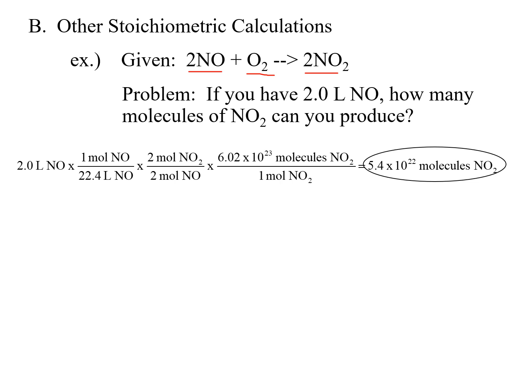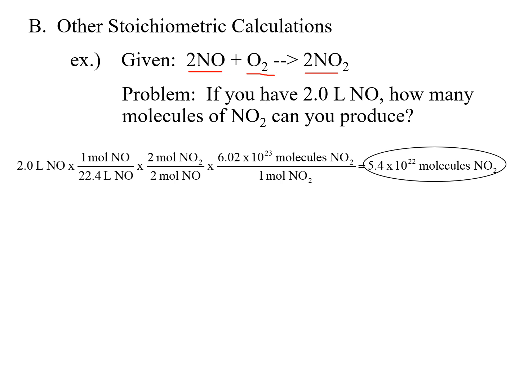So this tells us that if I take 2 moles of NO and I add 1 mole of O2 to it, I will make 2 moles of NO2. That's my recipe. That's what it's saying that I should be able to do.